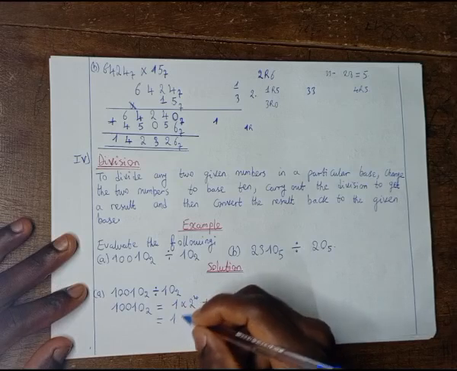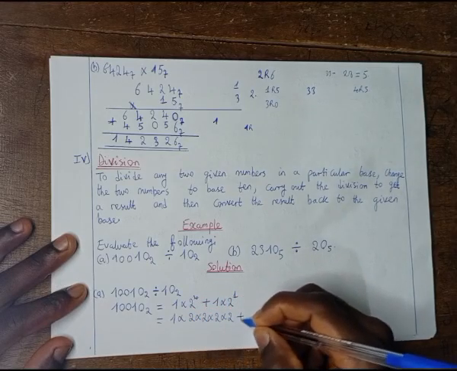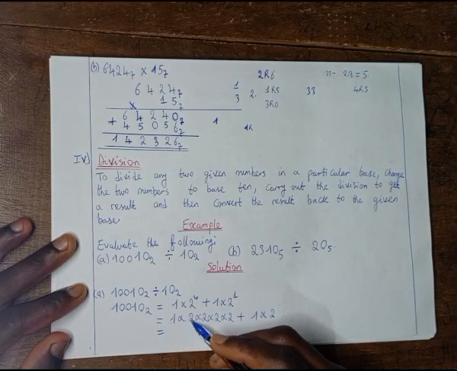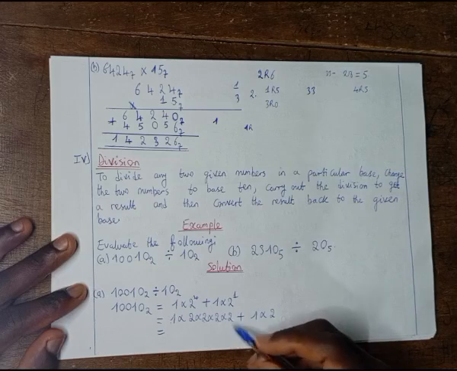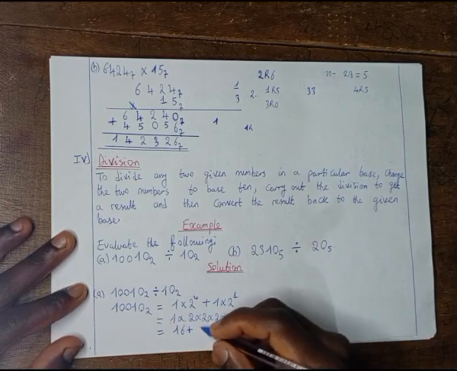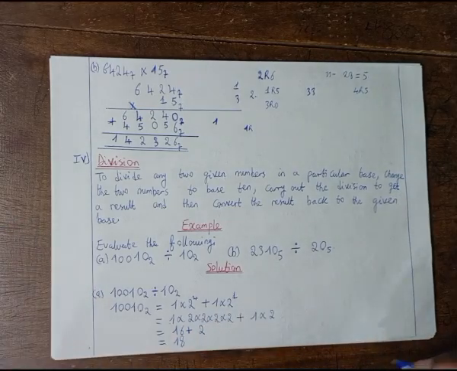This will simply give us 1 times 2 times 2 times 2 times 2 plus 1 times 2. This will give us 16 plus 2, which gives us 18.